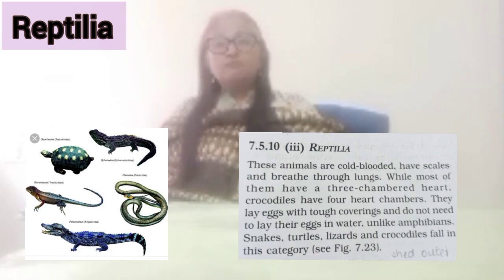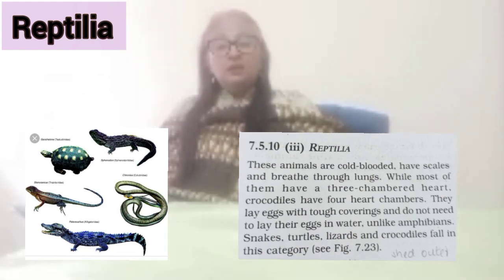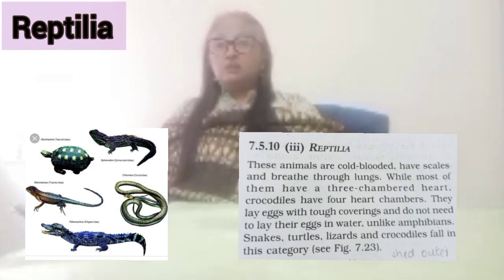That means they change their body temperature according to the temperature in the environment. These reptilia lay eggs, and the eggs are laid on land, not in water, and the eggs are covered with a tough, leathery outer covering.